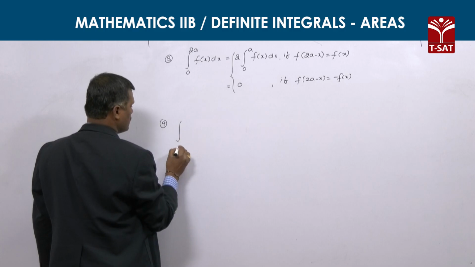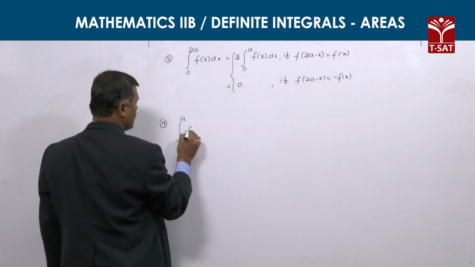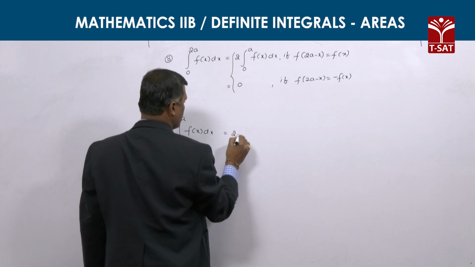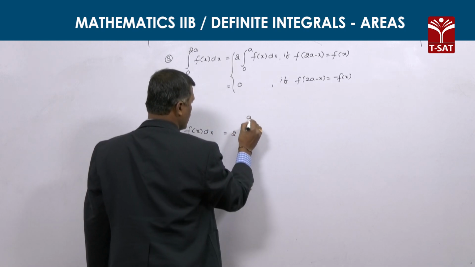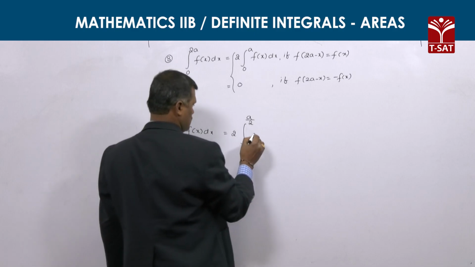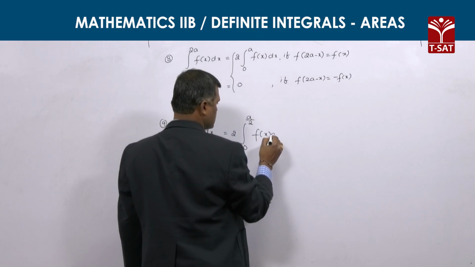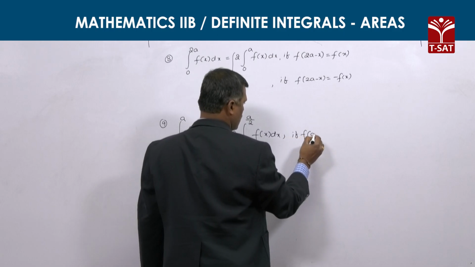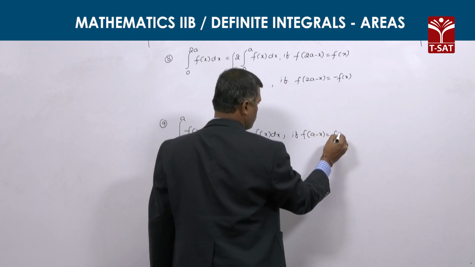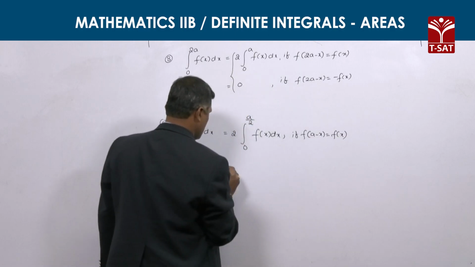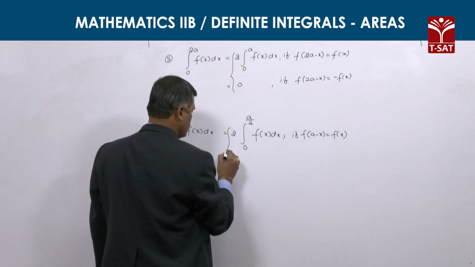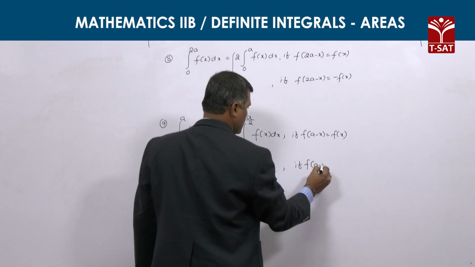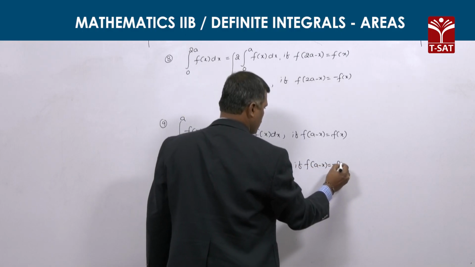Integral of 0 to a f of x dx is equal to 2 into integral of 0 to a by 2 f of x dx if f of a minus x is equal to f of x, and 0 if f of a minus x is equal to minus f of x.